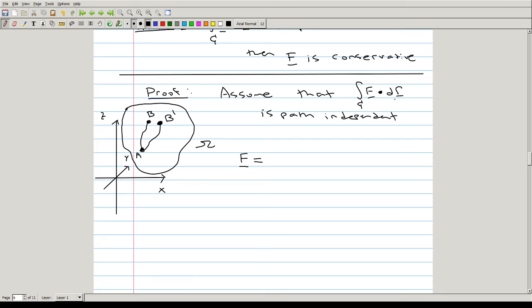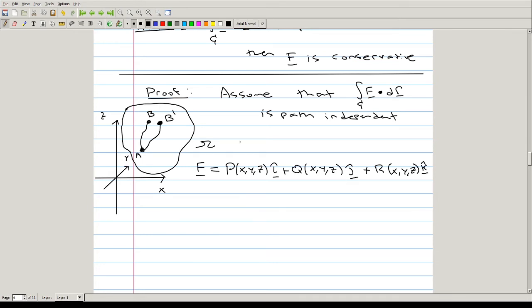So we want to see how this implies that f is conservative. So f is P of x, y, z i plus Q of x, y, z j plus R of x, y, z k.